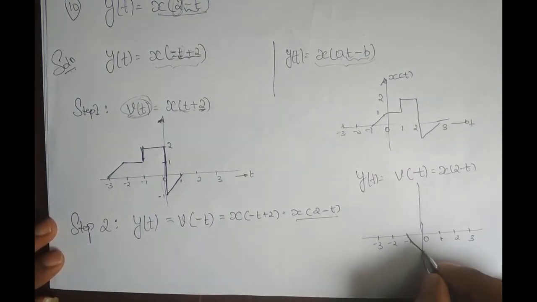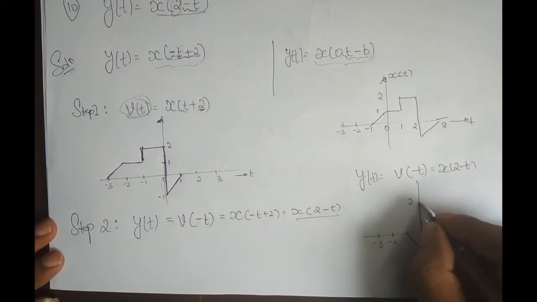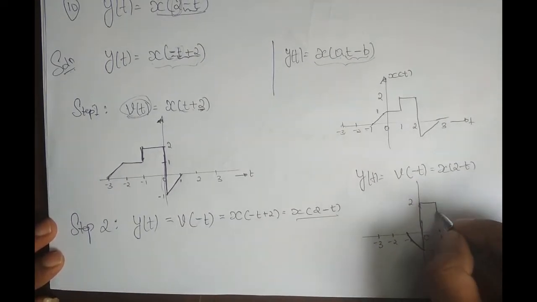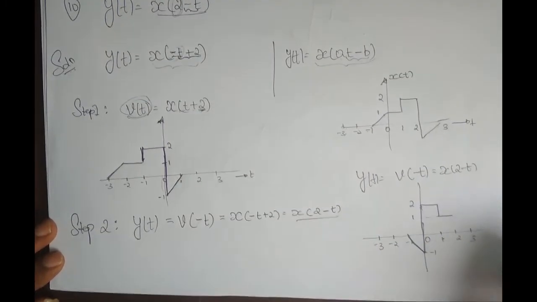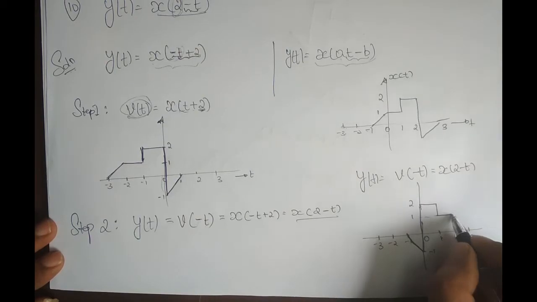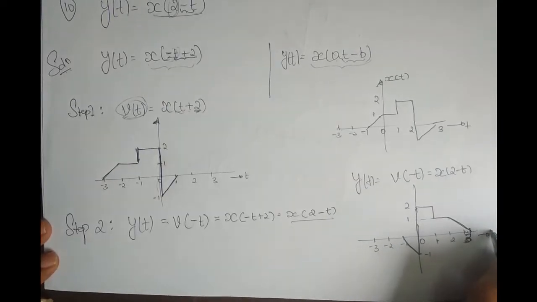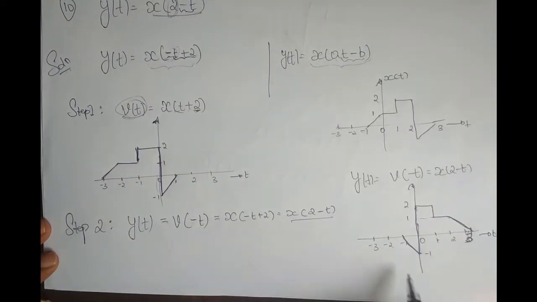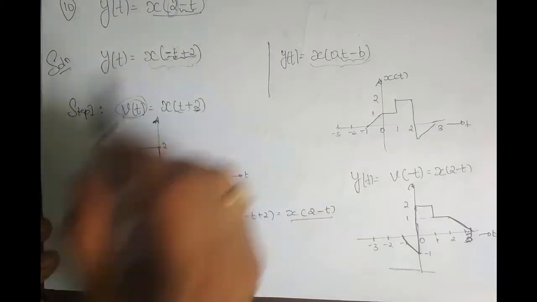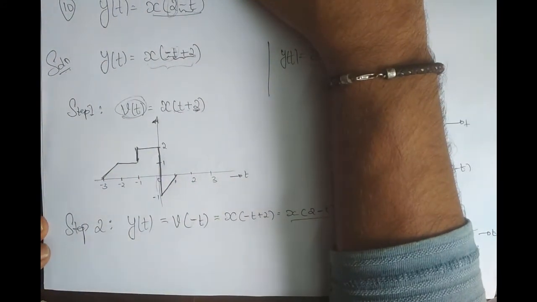So this is minus 1, and it rises, goes to amplitude 2, stays at amplitude 2, comes down and stays at amplitude 1, then varies from 1 to 2, and goes back to 3. This is the amplitude, this is the t. Okay, so this is our resultant y of t, which is x of 2 minus t.